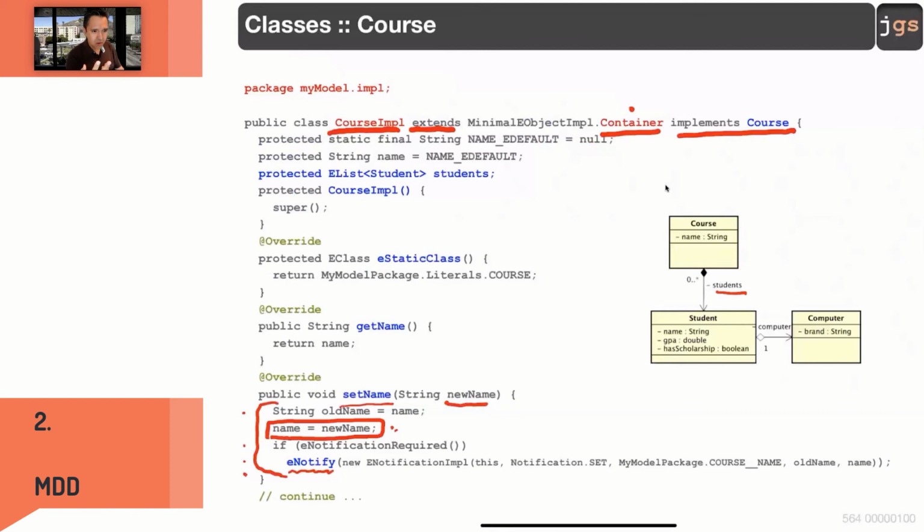By whom? Whoever. Every single time that you call a setter, every single time that you change a variable, it is going to send a notification. This notify observers here is called eNotify. Eclipse notify. Every single setter notifies about the changes.